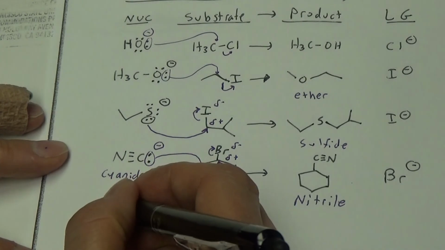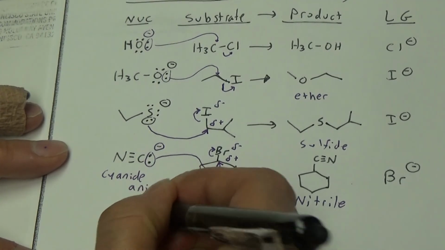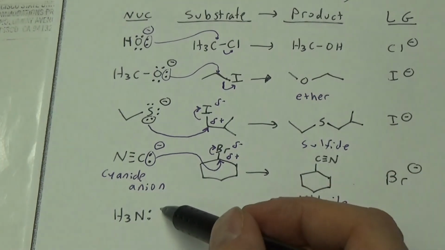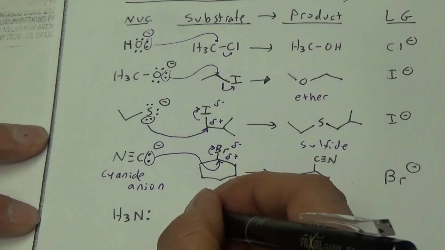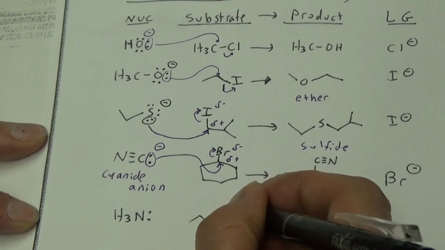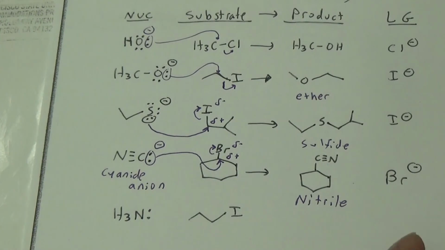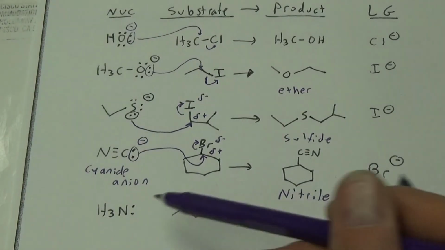Now I'm going to do a slightly different one. I'm going to do H3N. That's neutral. These are all negative; this is neutral. Okay, so it's going to be a little different. Let's do 1-iodopropane. NH3 is a good nucleophile. That's ammonia.